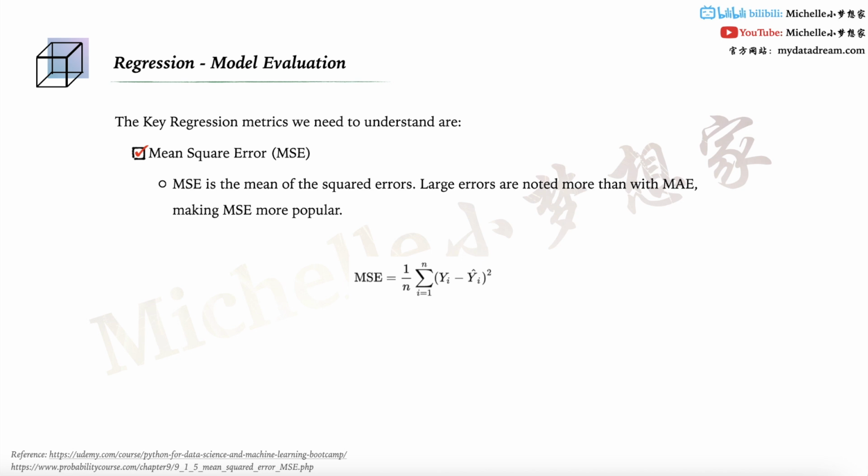In this way, it adds more penalties to results with large differences. In other words, larger differences make the final result larger. At this point, we can measure the effect of the model more efficiently.